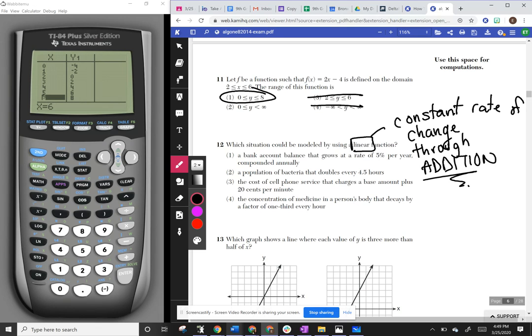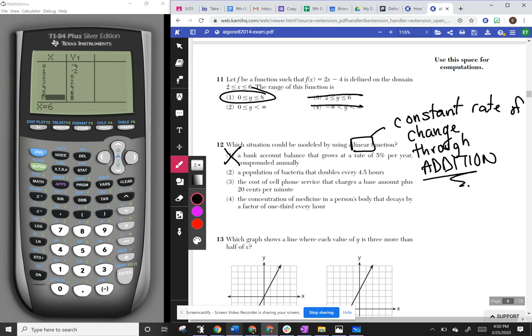So for number 1, a bank account balance that grows at a rate of 5% per year compounded annually, we are going to add 5% each year, but that's not the same thing as adding the same amount. Saying constant would be plus 5, plus 5, plus 5. Once you see a percent, you know that's not linear. 2, a population of bacteria that doubles every 4.5 hours.